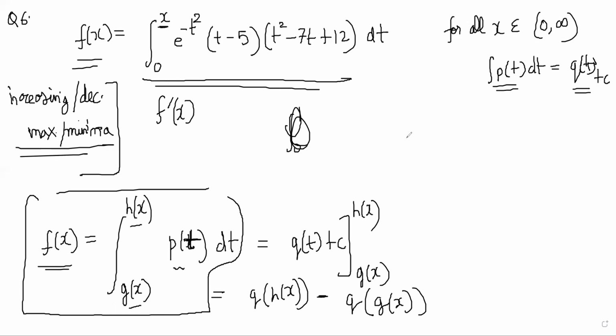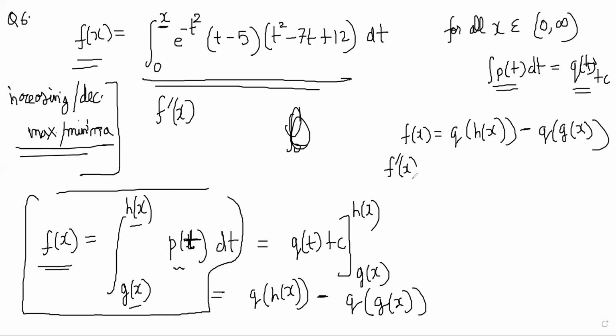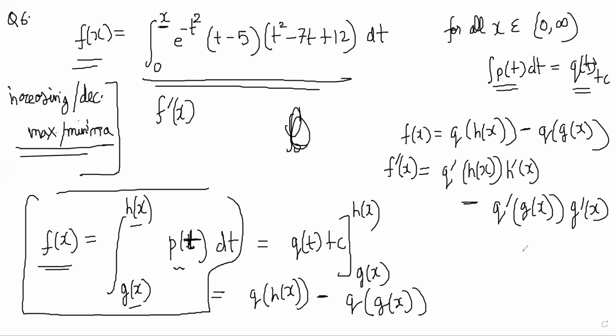So what I have gotten right now is f of x is coming out to be q of h of x minus q of g of x, right? If I do f dash x here, what should I write? Chain rule: q dash h of x into h dash x minus q dash g of x into g dash x, right?